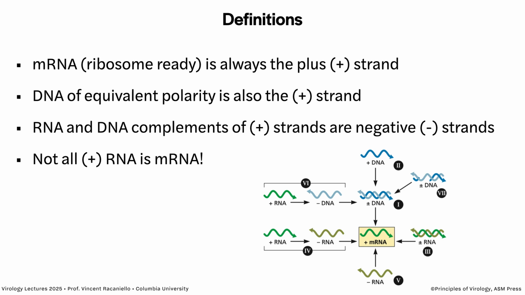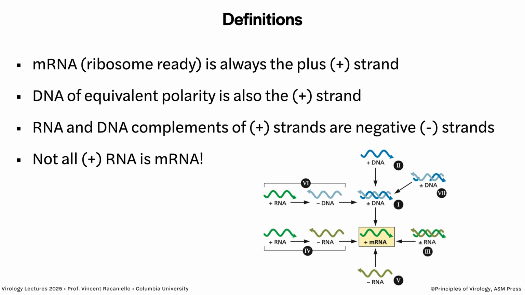So the plus strand of mRNA is, well, the mRNA is defined as the plus strand. It's ribosome ready. It can be translated. And plus doesn't mean anything in terms of electricity or polarity. It's just a convention, right? And in a DNA, the equivalent polarity is also the plus strand.